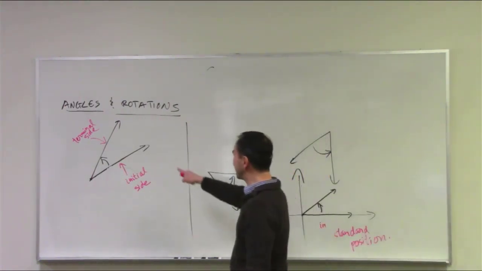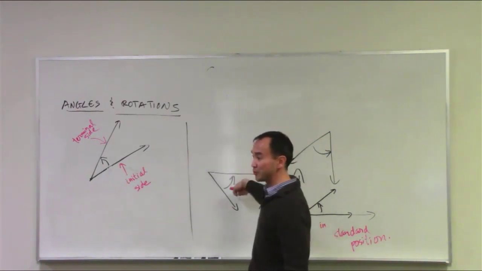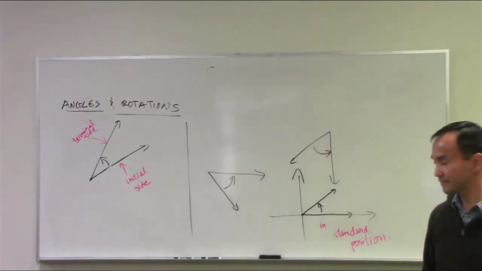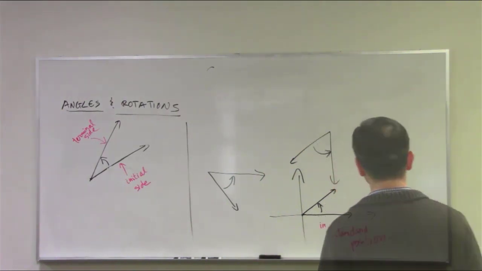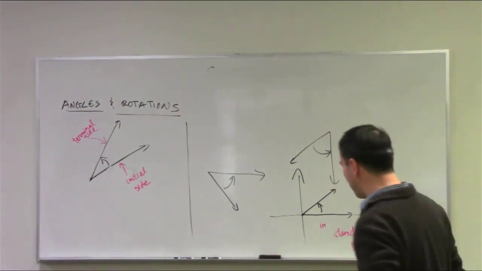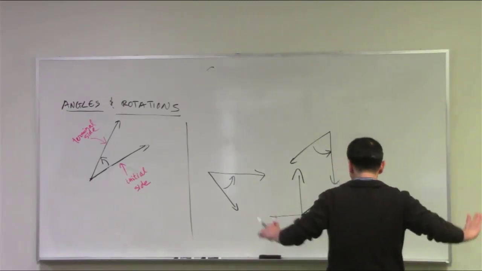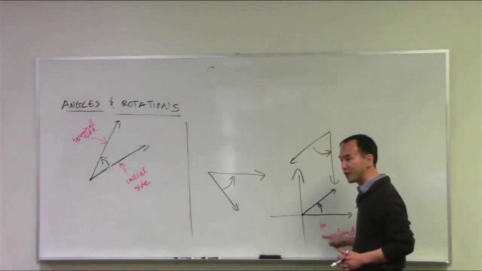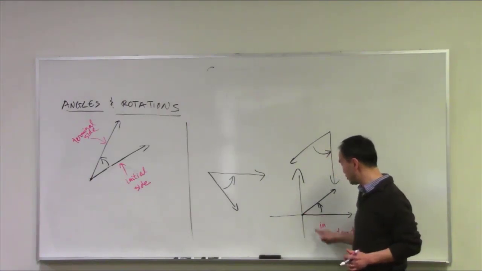So the earlier pictures I've drawn are not in standard position yet. To make it easy for the rest of the quarter and for the rest of your learning in mathematics, a big majority of the time we're going to refer to angles in standard position.